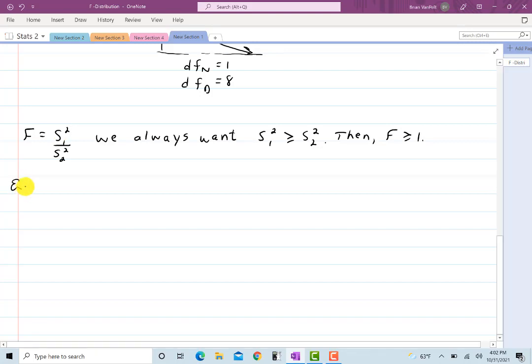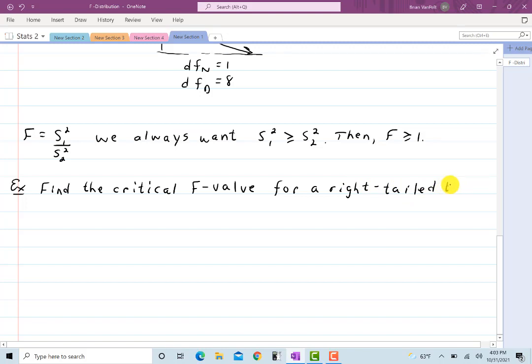So we'll start right off on the tables. Find the critical f value for a right-tailed test where alpha equals 0.01.